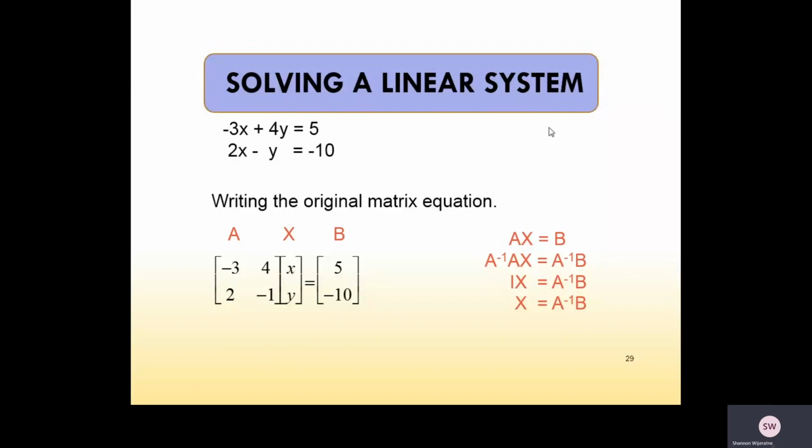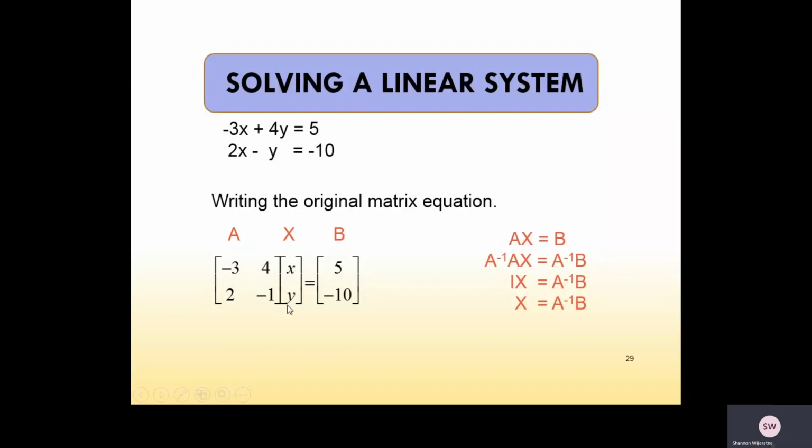So the first column of matrix A represents the coefficients of x, minus 3 and 2. And the second column represents the coefficients of y, 4 and minus 1.